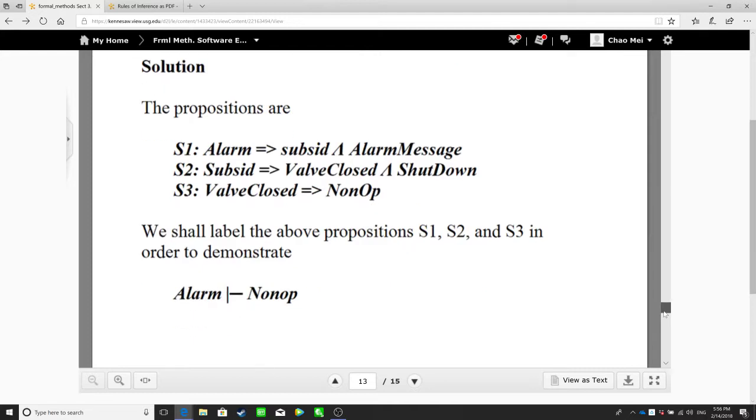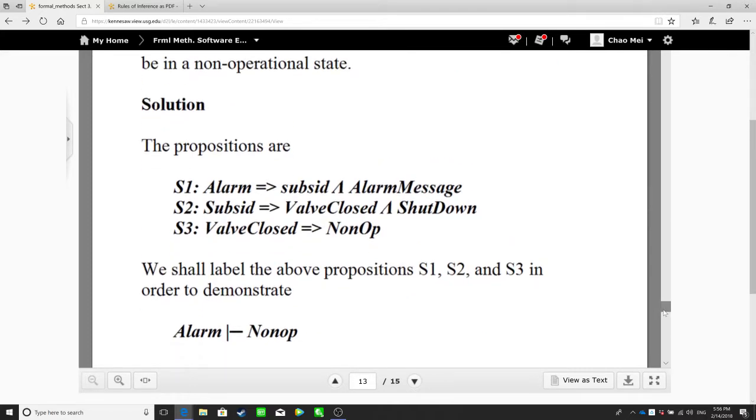Oh yeah, this is a little bit different. So we have those premises. And also we have this something to be true. So alarm, non-stop. So last example, we just proved this non-stop is true. But here what we prove is alarm implies non-stop is true. So basically it's still the same. We just need to treat this alarm like one of the premises.